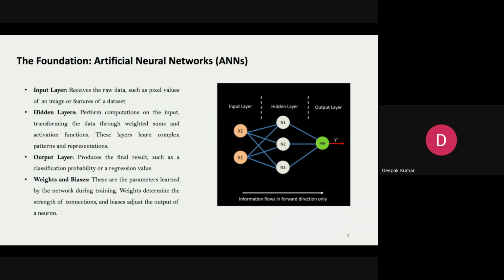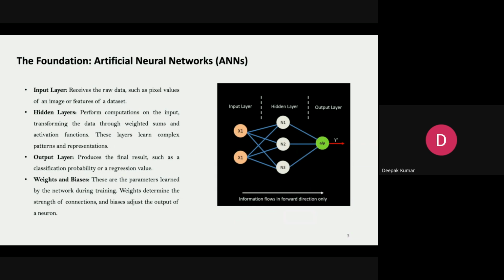We introduce weights and bias between one layer and the next. So the first layer is the input layer, and information flows from one layer to another through weights and bias. Similarly, between the hidden layer and the output layer we have another set of weights and bias, through which the information finally reaches the output layer.